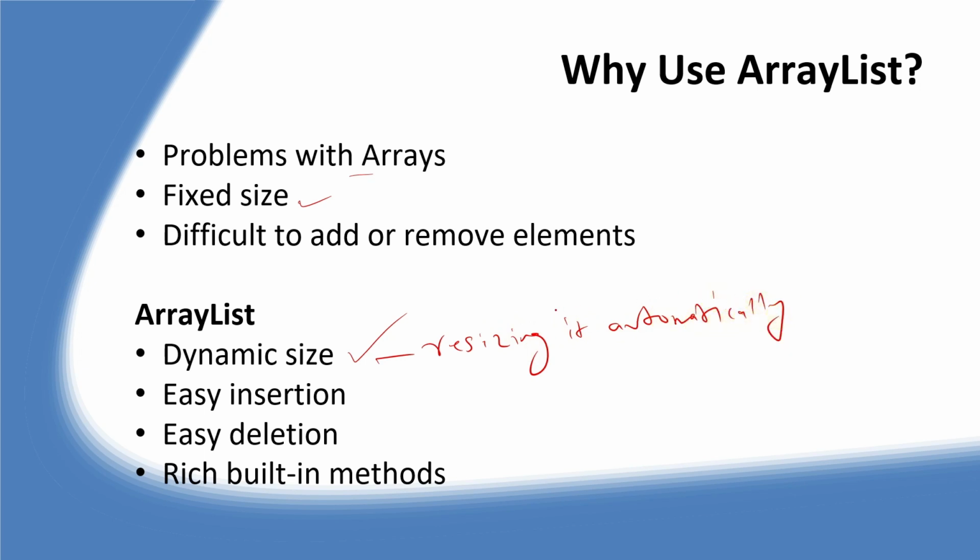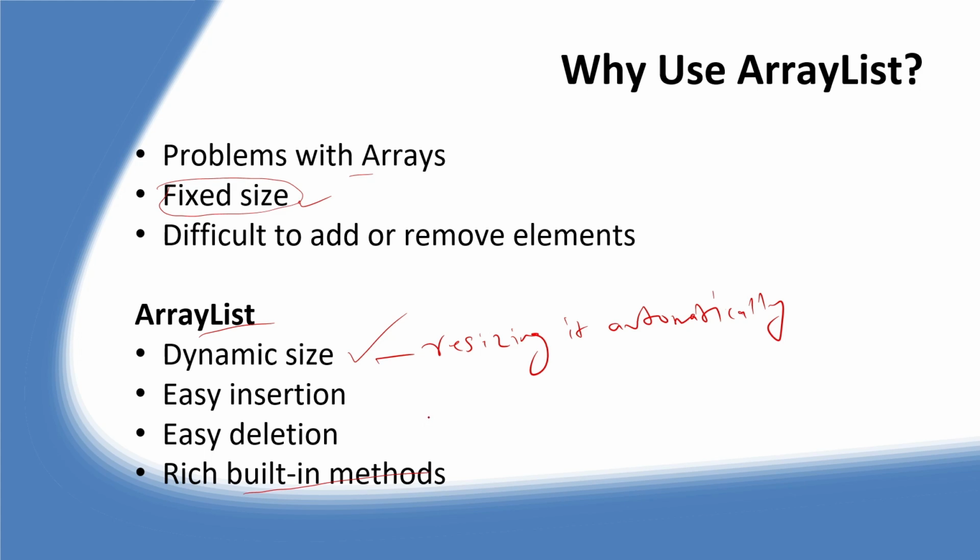If elements are getting removed, it will shrink. If elements are getting added, it will increase the size. So dynamically it is changing. So that's how the fixed size problem of array is resolved by ArrayList. And ArrayList also provides many built-in methods that make working with data much easier.